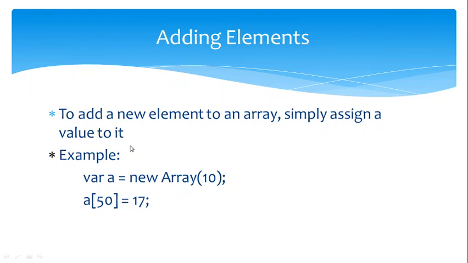For example, a is equal to new Array(10). And a of 50, in the place of 50, add 17. The value 17 should be stored in the place of a of 50. Like that we will add. So in the array we saw how to create, how to access, and how to add an element.